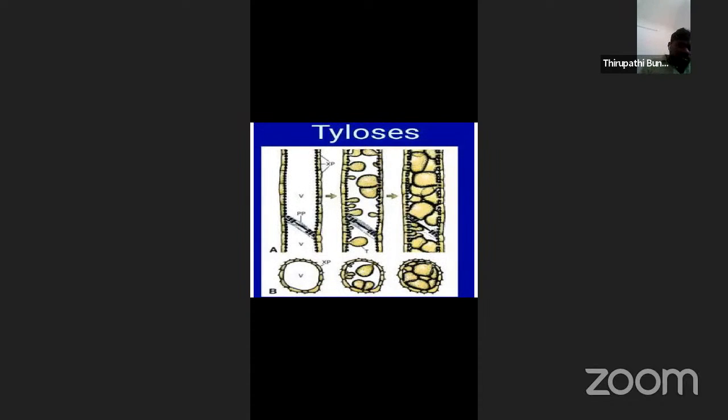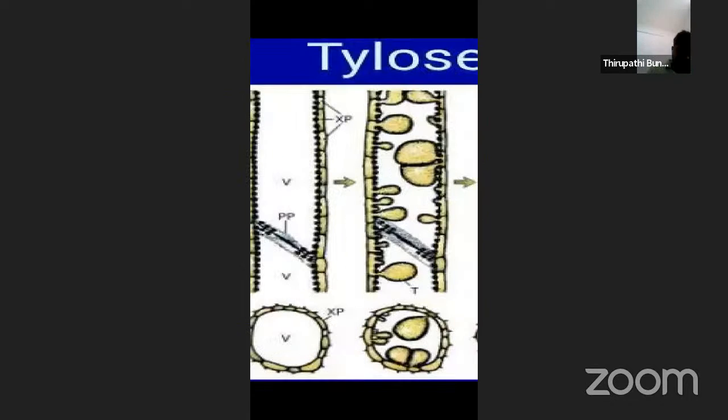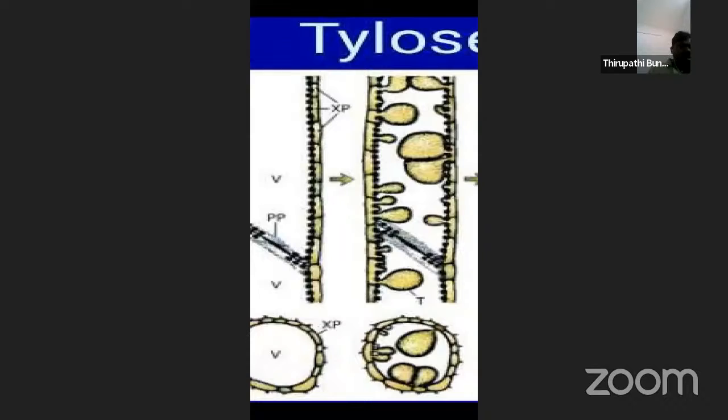Okay, now tylosis. Tylosis cells present next to the vessels send balloon-like outgrowths into the vessels through pit cavities.